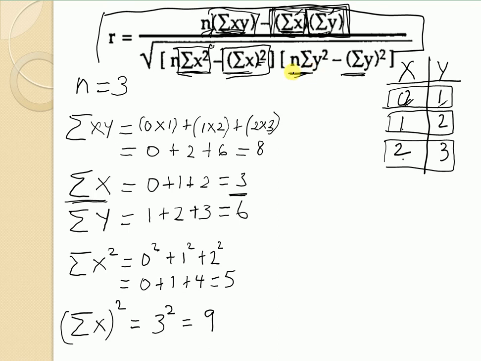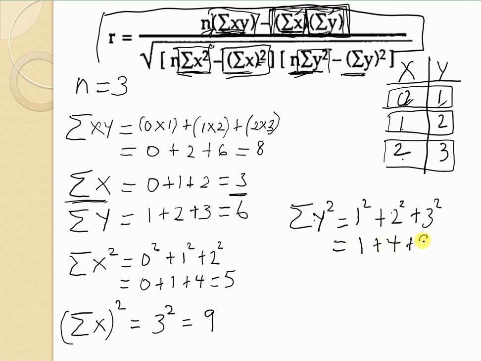Next is the sum of y squared. And just as we found the sum of x squared, we take each y value, square it, and then add them together. So 1 squared plus 2 squared plus 3 squared equals 1 plus 4 plus 9 equals 14.